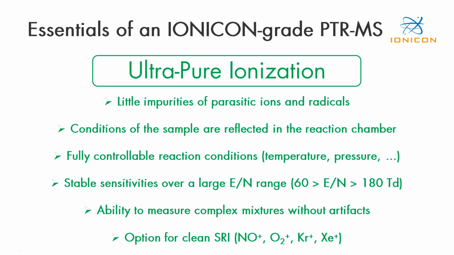We have stable sensitivities over a large E/n range. The user can choose between a softer and a harder measurement, or simply automate between different settings, and IONICON's ion source design allows for a clean SRI option for the ionization with NO+, O2+, krypton, and xenon+.